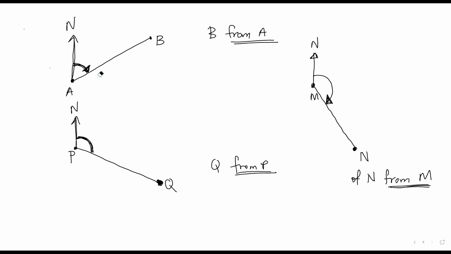So the bearing of N from M is going to be this one over here, because this is your clockwise angle. That is an obtuse angle. The other angle, which is a reflex angle, will not be your bearing of N from M because that goes in an anti-clockwise direction.